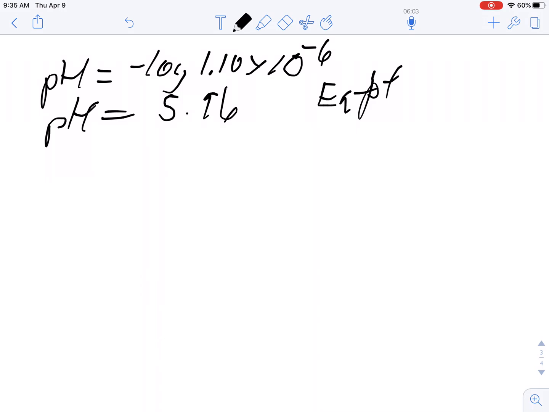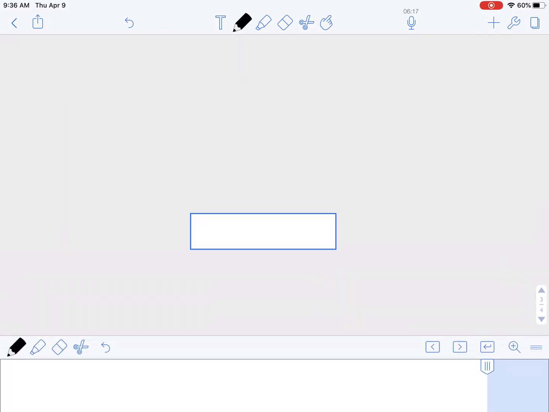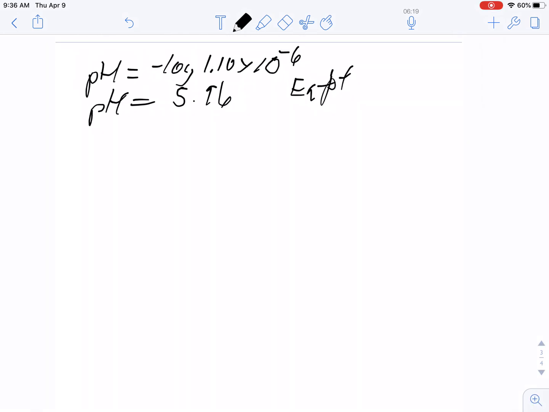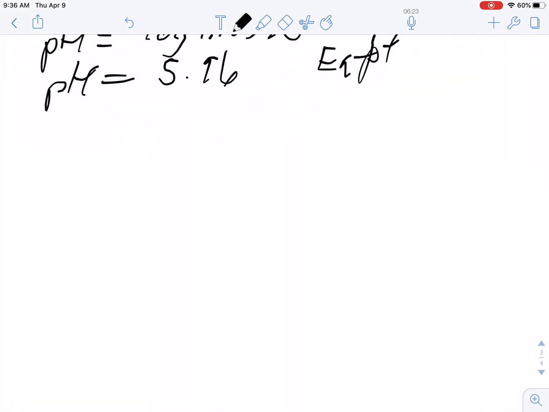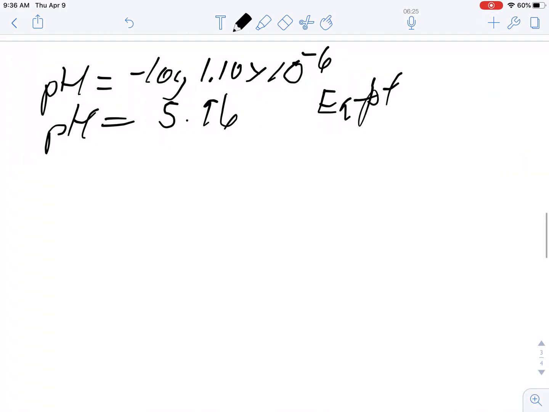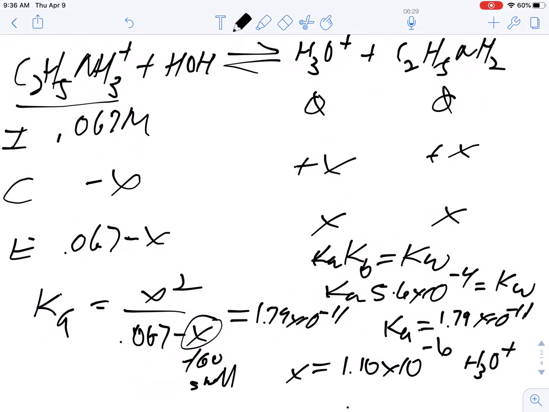Now halfway to the equivalence point, that means the number of moles is half as much. So let's go back up to our original problem here.